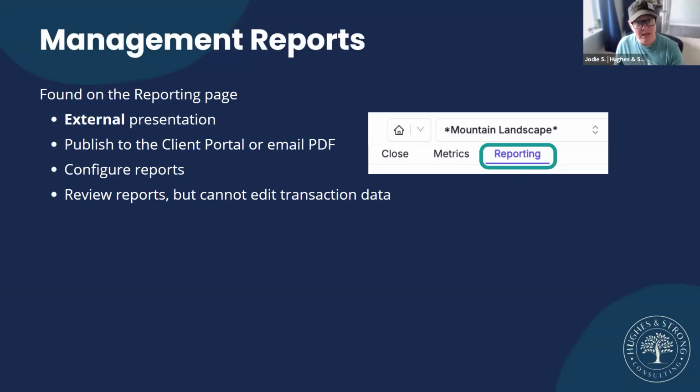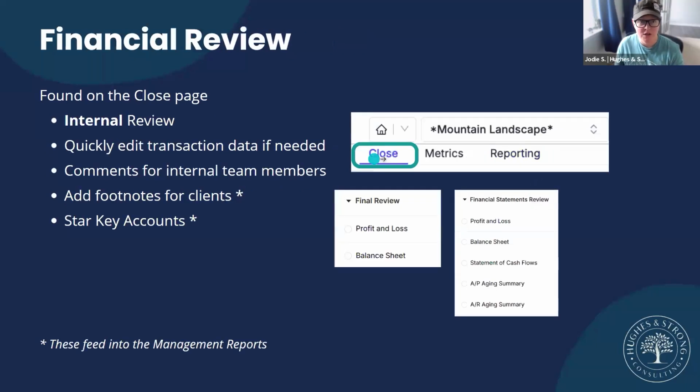The other place where you will see reports, and where often we get some mix up between the two, is on that close page, your final review or financial statements review, depending on how you have that section labeled. This is found on the close page. It is the internal review of the information of the data.